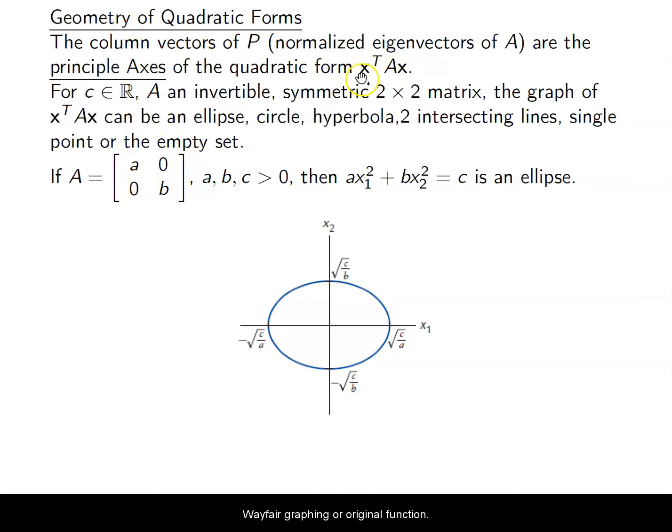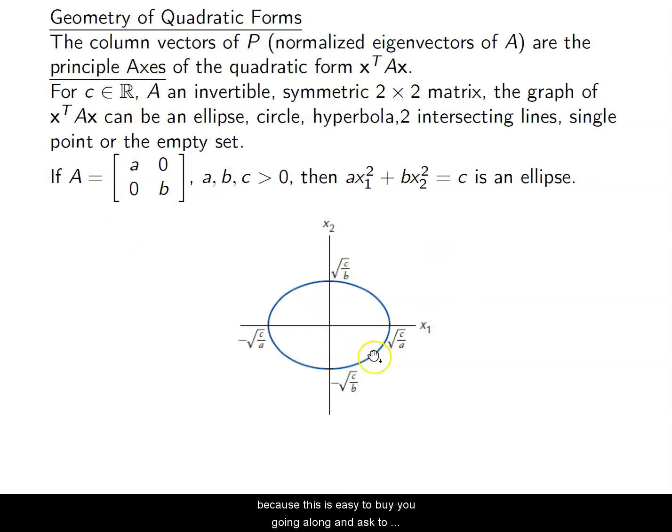Now, this is when it's in diagonal form. If we're graphing our original function, the eigenvectors make up the major and minor axes. So we will have some sort of reflection or rotation going on here based upon what my eigenvectors look like. Basically, we look at the diagonal form and then translate that with a transformation based on P into what the actual graph is going to look like.